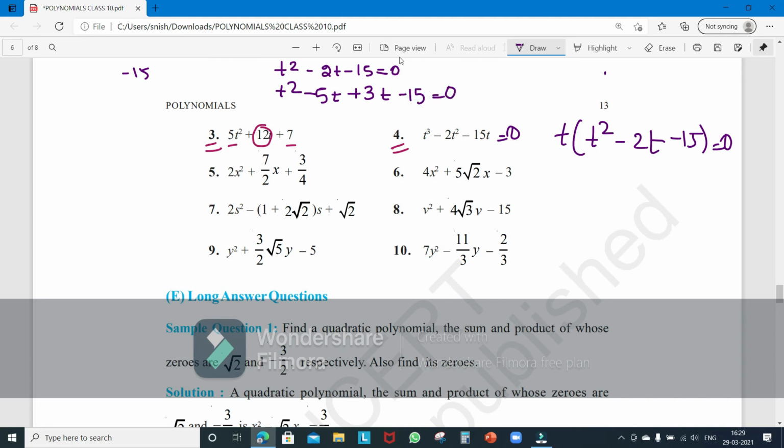Okay, so now the usual method, take t common: t minus 5 plus 3 into t minus 5 equals 0. So here you can write it as t into t plus 3 into t minus 5 equals 0.